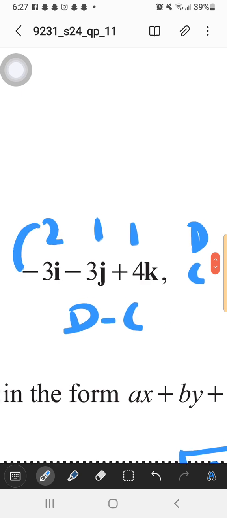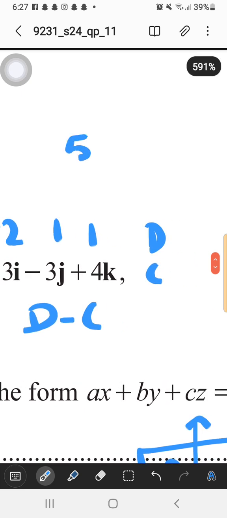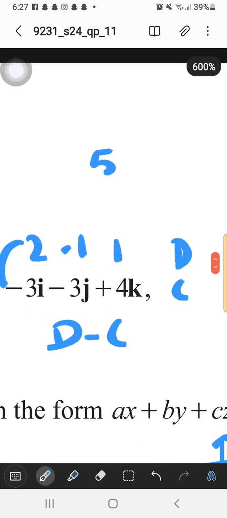So 2 minus negative 3 will become 2 plus 3 and it becomes 5. 1 minus negative 3 means 1 plus 3 becomes 4.